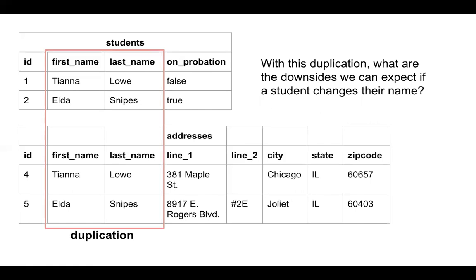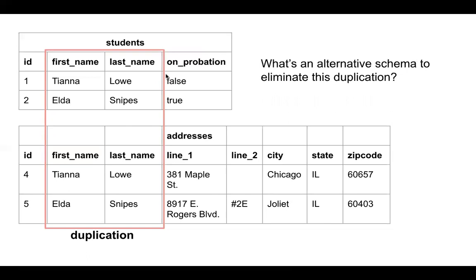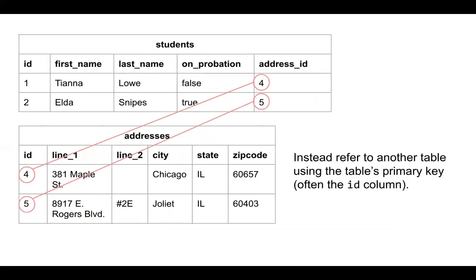The other problem with this is if a student changes their name, so Tiana starts going by Eric, then we'd want to make sure that it updates everywhere. And so essentially, the alternative to this is using foreign keys. So Tiana's address 4 points to address number 4 in our address table.